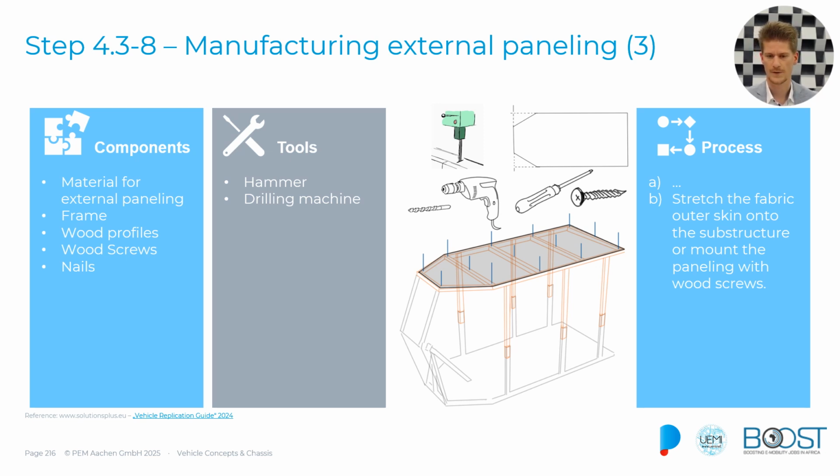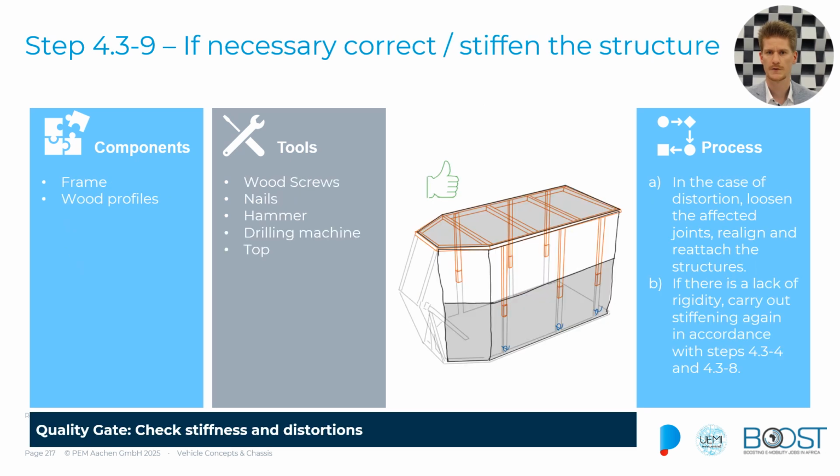That's one of the most important things. And that is the very last point of that process, which is, if necessary, to do some corrections, to stiffen out the structure. It could be that it is a little bit distorted, so make sure that you stiffen it out with additional screws or additional wood profiles if necessary.